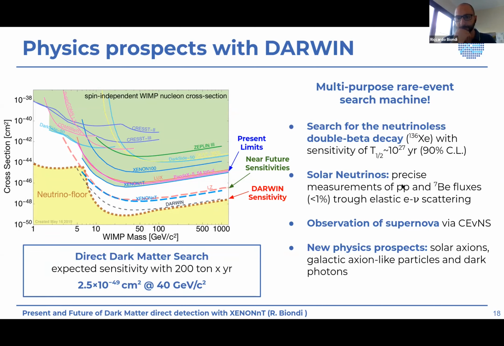So in principle, we could have precise measurements of the pp and beryllium-7 fluxes with a precision of around 1%. And we can also detect supernova neutrinos and many other interesting physical problems.